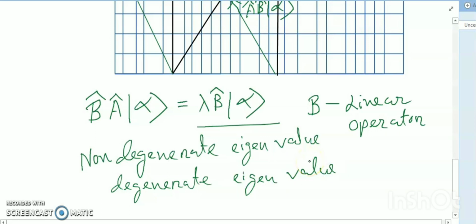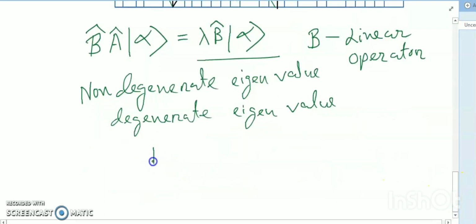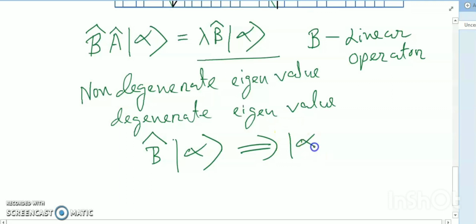In the non-degenerate case, B alpha has to be the same eigenvector as alpha, since they both have eigenvalue lambda.